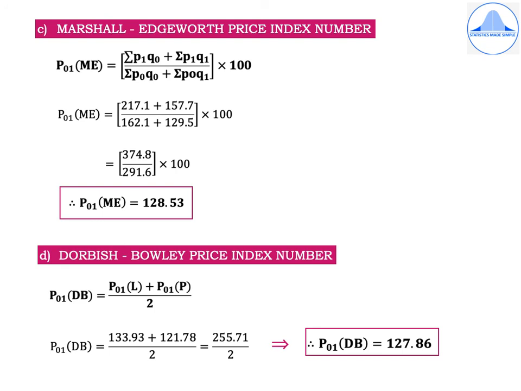Fourth subdivision, Dorbish-Bowley price index number P01 of DB is equal to P01 of L plus P01 of P divided by 2, or P01 of DB is equal to 133.93 plus 121.78 divided by 2, which is equal to 255.71 divided by 2, or P01 of DB is equal to 127.86.